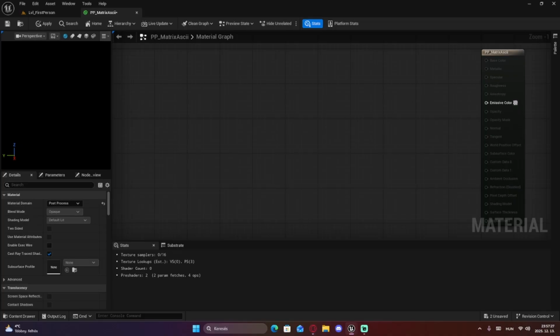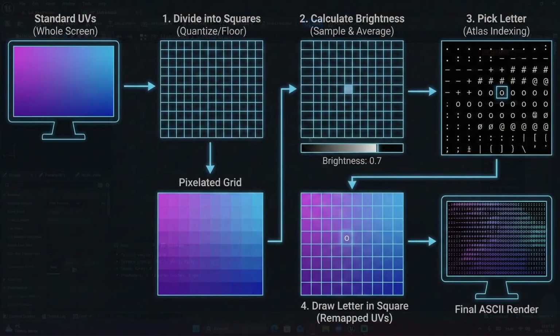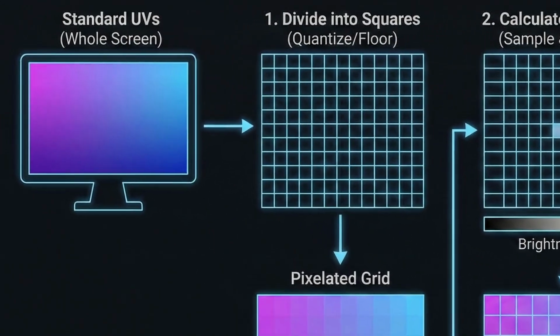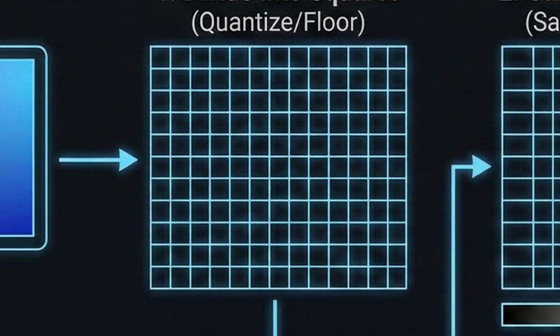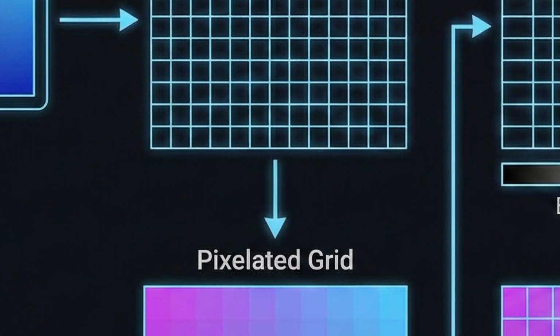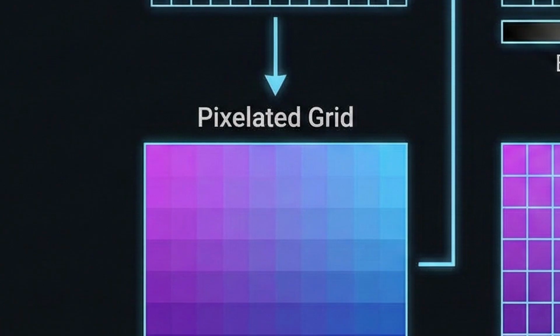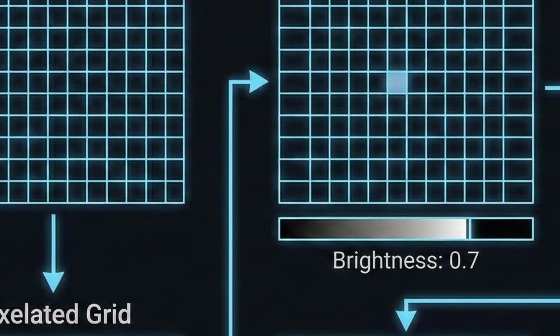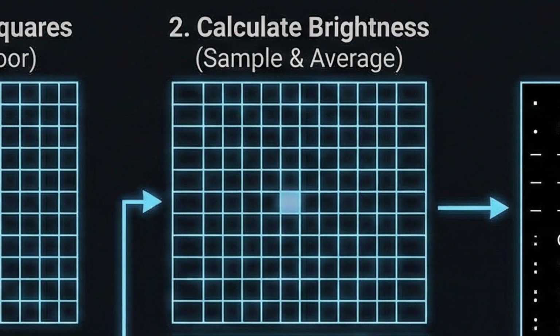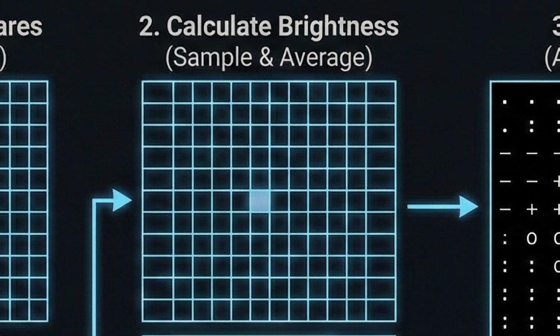Now let's see a logical overview of what we are going to do today, because it might seem pretty hard, but it's actually pretty easy. As you can see, we have our standard UVs, which is the whole screen. We are going to divide that into squares, and we are going to get this pixelated grid of our screen. After that, we will calculate the brightness of each of these pixelated squares.